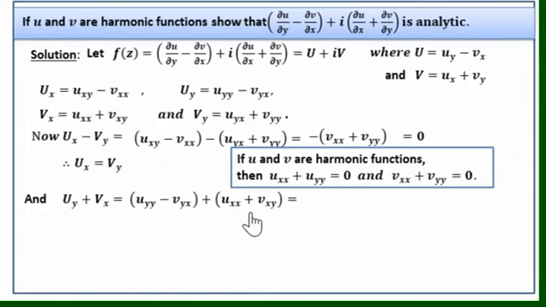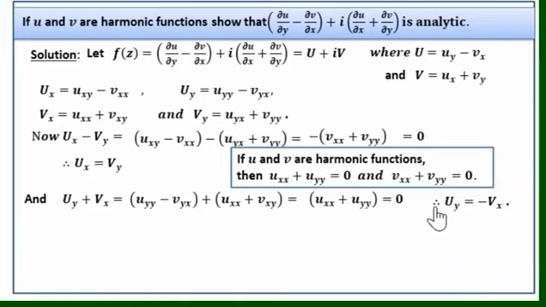And now here vyx and vxy are same, so we have minus vyx plus vxy is 0. Then we are left with uxx plus uyy, and since u is harmonic, we have uxx plus uyy is 0. So substituting, we get 0. So we have uy plus vx equal to 0, therefore vx equal to minus uy, or uy is minus vx. This is the second Cauchy-Riemann equation.